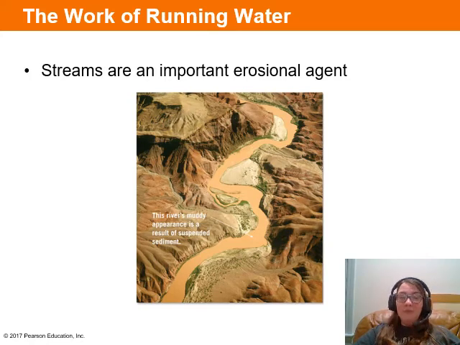Everything along the surface of our planet is constantly being eroded or weathered away. And if you've ever seen a brown stream, like what we see here, this water just has a lot of sediment inside of it. And that tells us that that stream has eroded a lot of the channel around it.